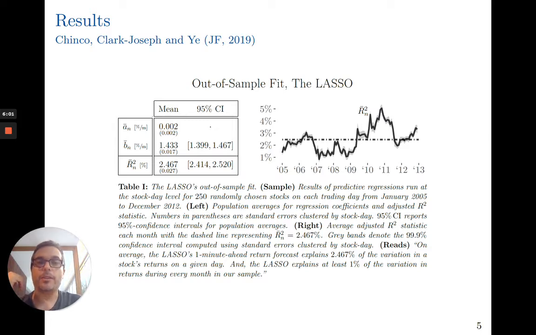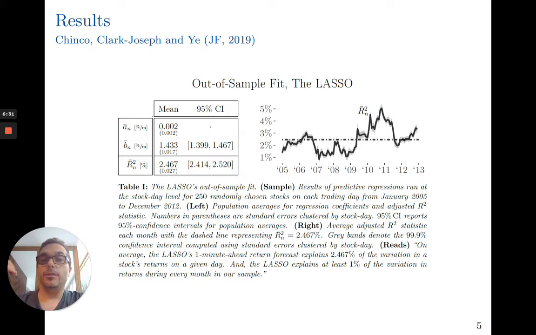So this is the out of sample R squares over the years. So you see that the R squares are different from 0. Okay? Around 2.5% R square is the average. So on average, the Lasso 1 minute ahead return forecast explains 2.5% of the variation in the stock returns in a given day.